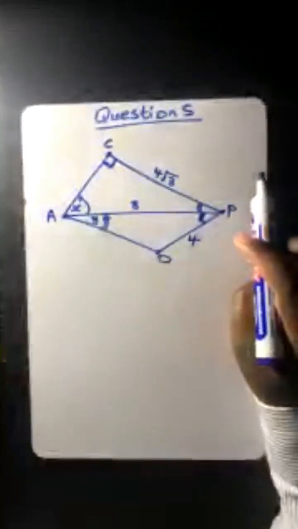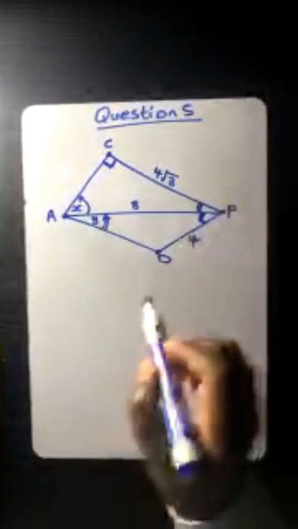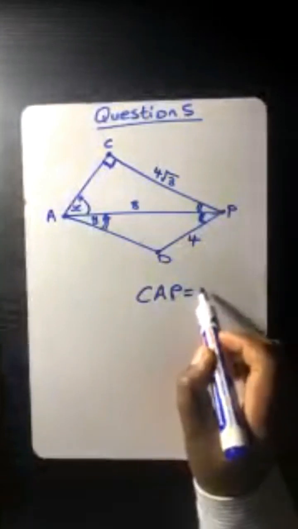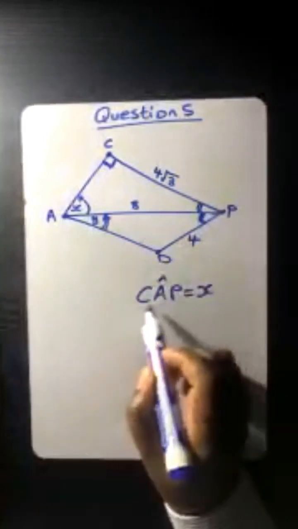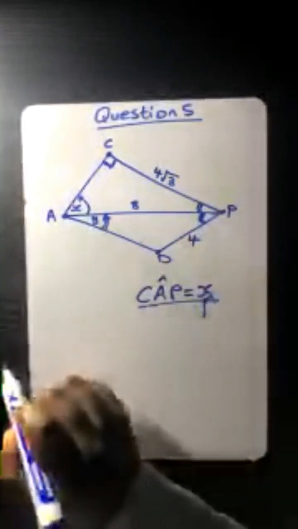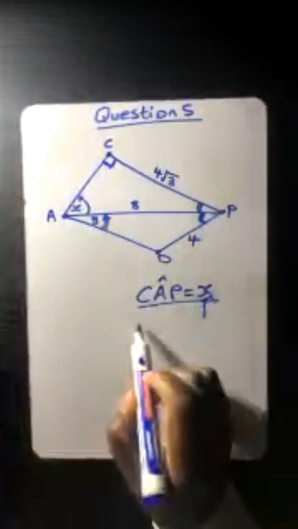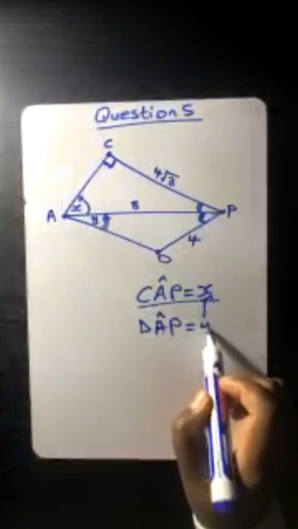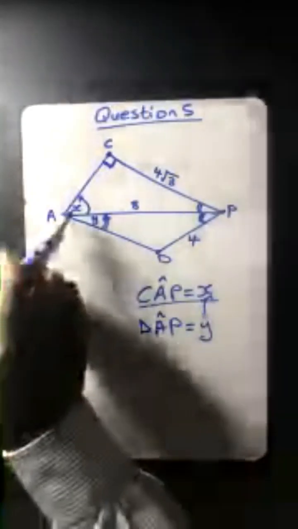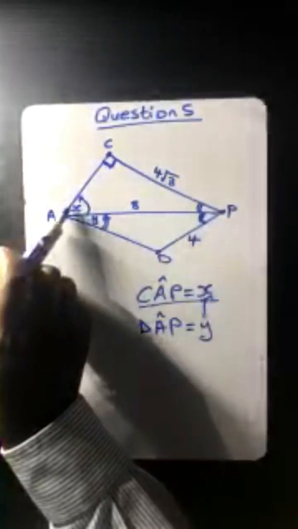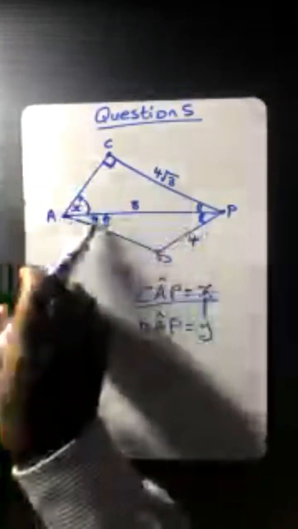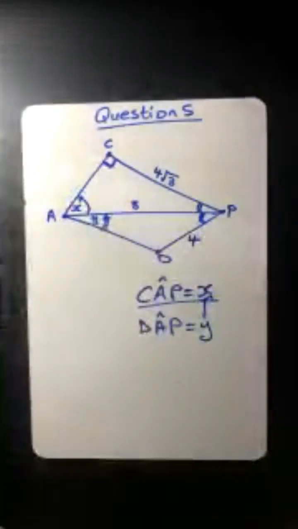They are saying let in triangle CAP, angle A be X. And lastly, in triangle DAP, angle A, let it be Y. As you can see there, honorable members, it means that the angle in the top triangle is X. The angle in the bottom triangle is Y.